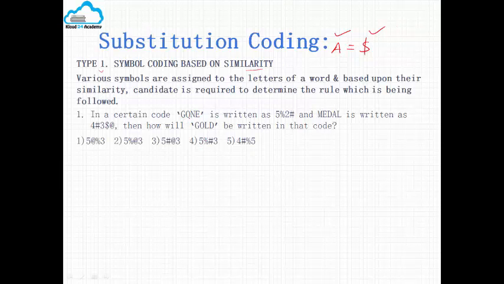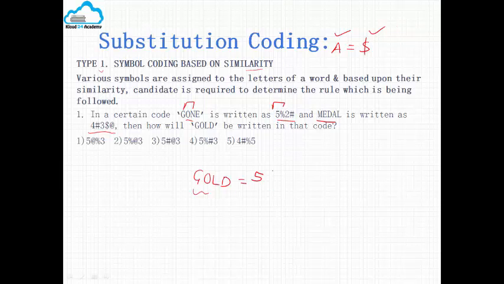So let's look at the question. In a certain code, gone is written as 5% to hash and medal is written as 4 hash $3 at the rate. Then how will gold be written in that code? So we have to write gold. We can write GO from gone, which is 5%.